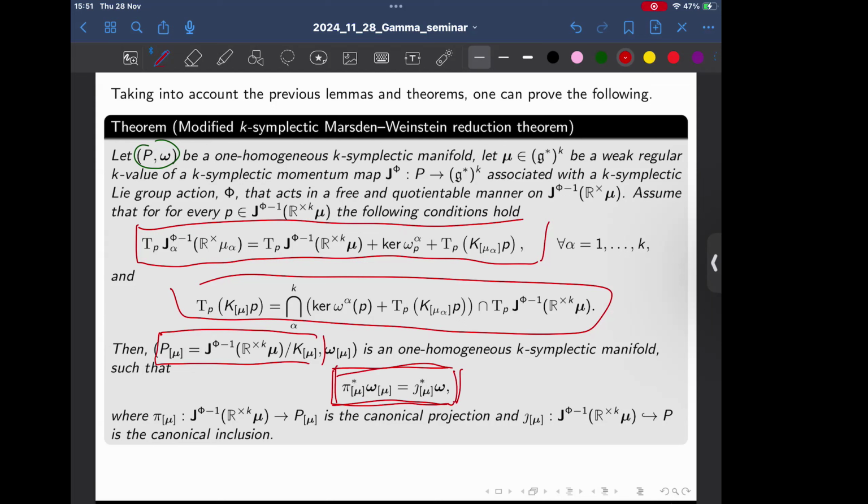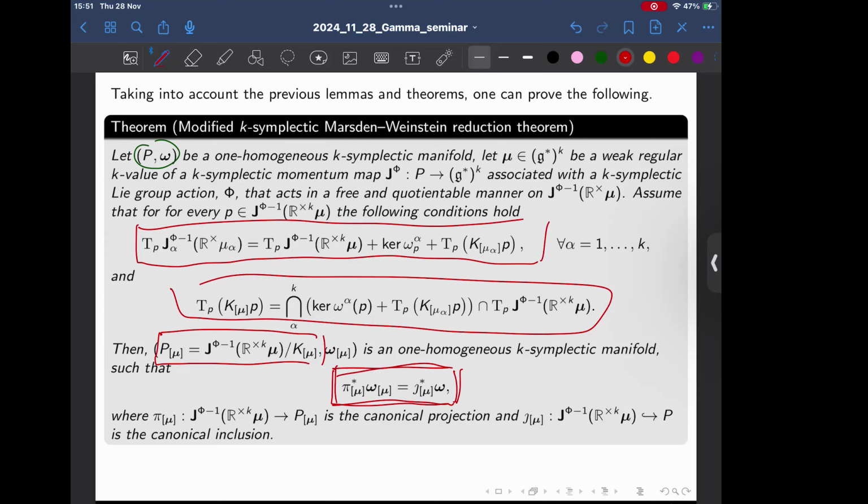Okay, so we have the modified k-symplectic Marsden-Weinstein reduction, but only for exact k-symplectic manifolds. It doesn't have to be one-homogeneous, but exactness is enough.